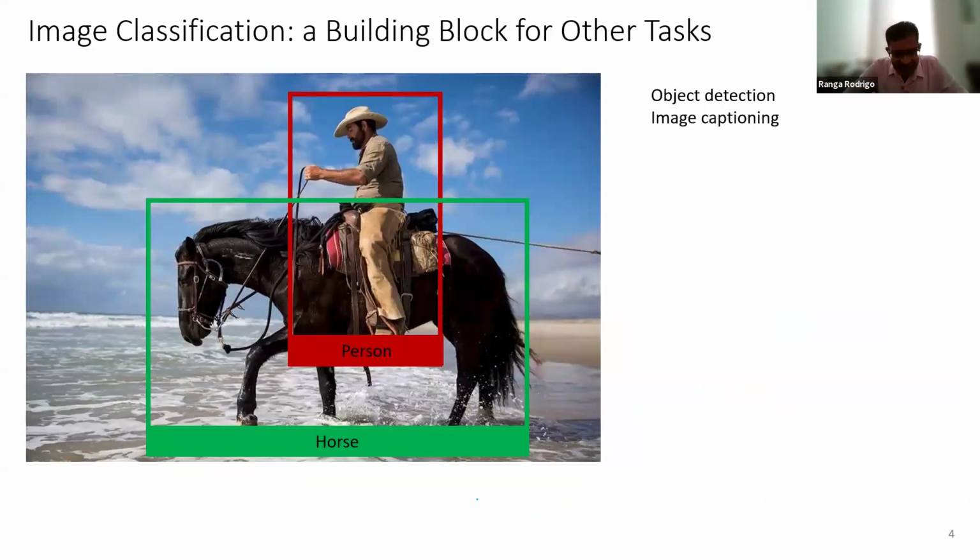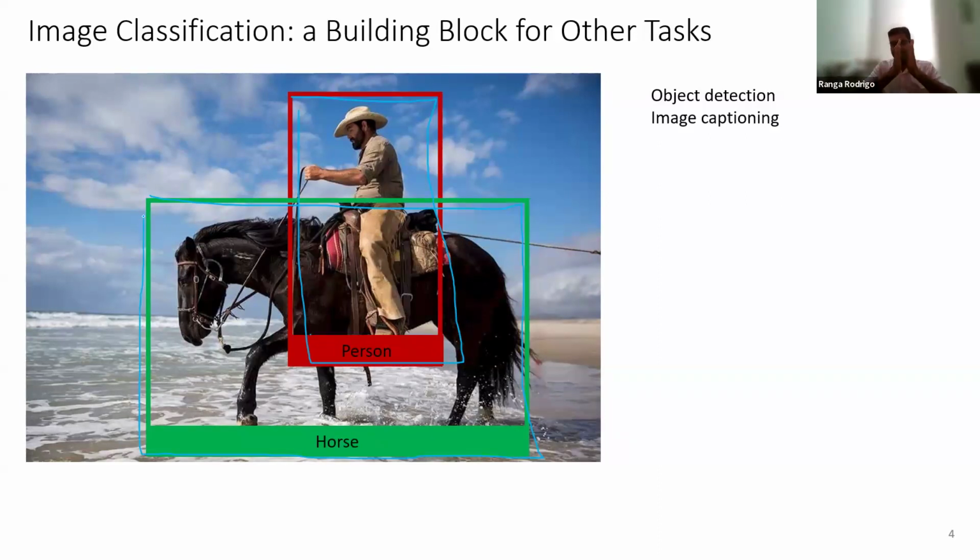So image classification is the building block of object detection also. Object detection means not only do you give a name to a window in the image, or a box, you draw that box also. You draw that box and give it a label, person. You draw this box and give it a label, horse, like that.